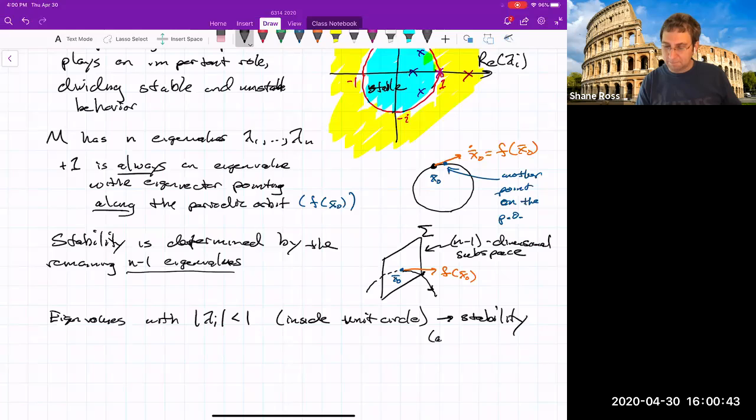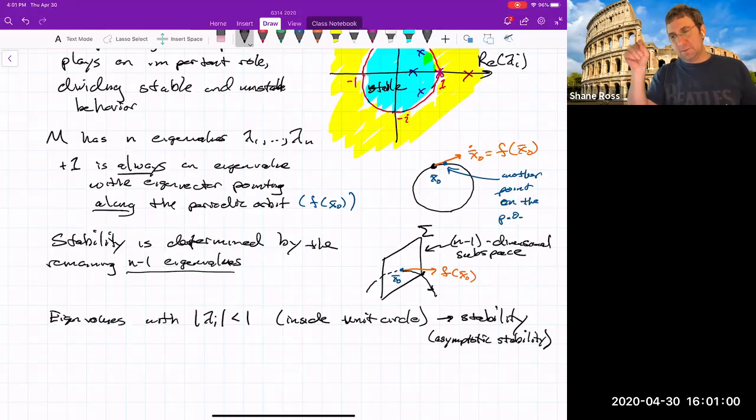In fact, the concept is called asymptotic stability, meaning if you have a perturbation along that direction, it will asymptotically approach the fixed point.